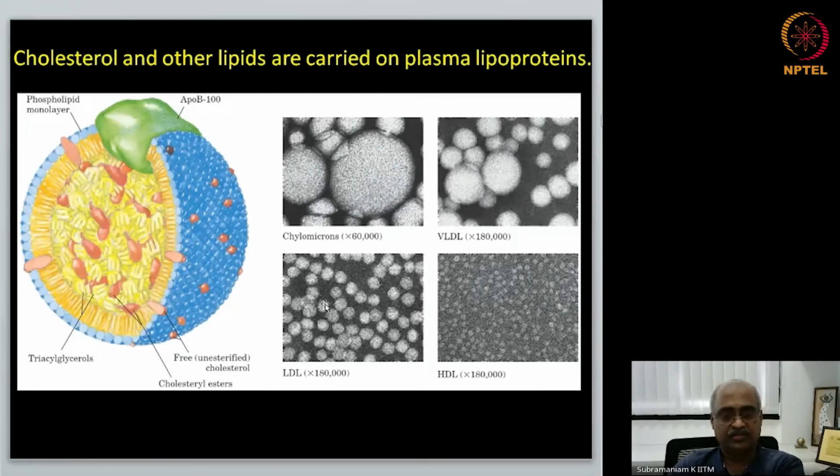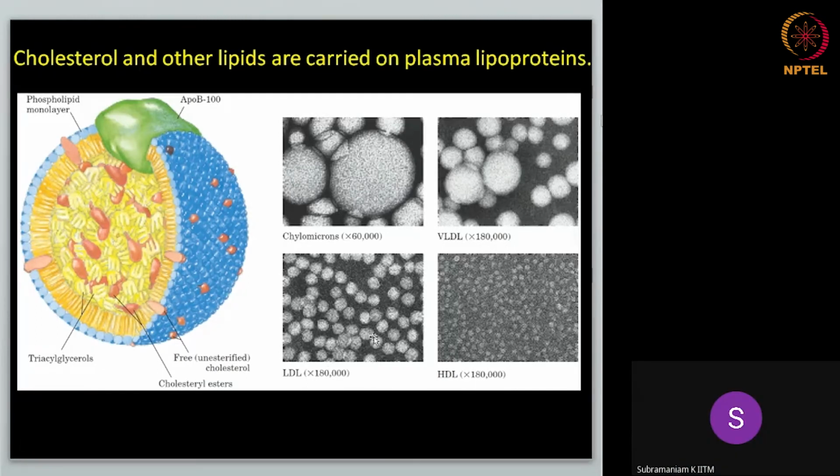Then from VLDL, when you take out triacylglycerol, primarily in liver, okay, liver cells are called hepatocytes. So when hepatocytes take up some of the triacylglycerols, they become LDL. The density increases. As you remove the lipids, then the lipid to protein ratio decreases, and when you have more protein, less lipid, then the density increases.